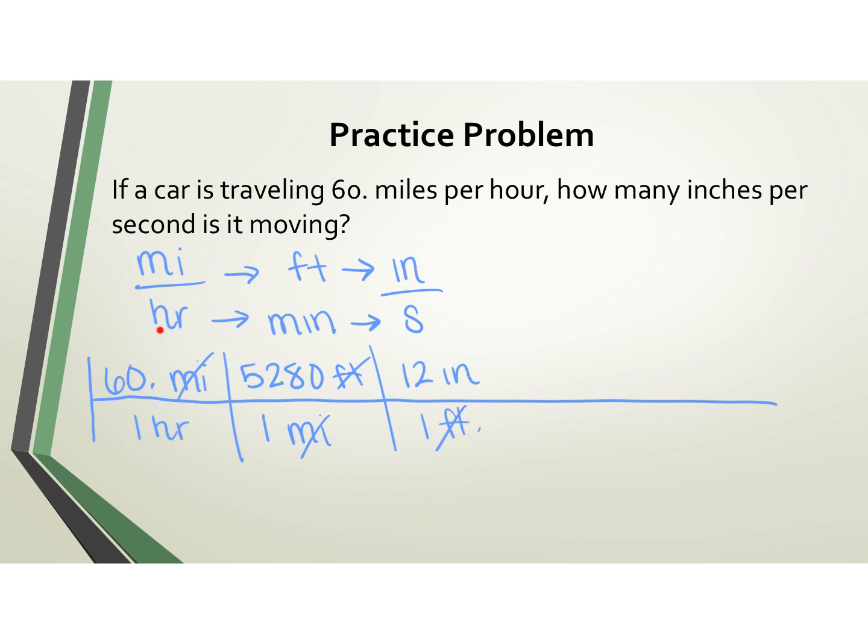Okay, so now we're going to go back and we're going to convert our time. Okay, and I'm just going to keep going with the boxes. So hours to minutes, how many minutes are in an hour? 60. We're still canceling units, so if hour was in the bottom box, hour has to come on the top box now. So for every 1 hour, how many minutes are there? Okay, so now 60 minutes is on the bottom box.